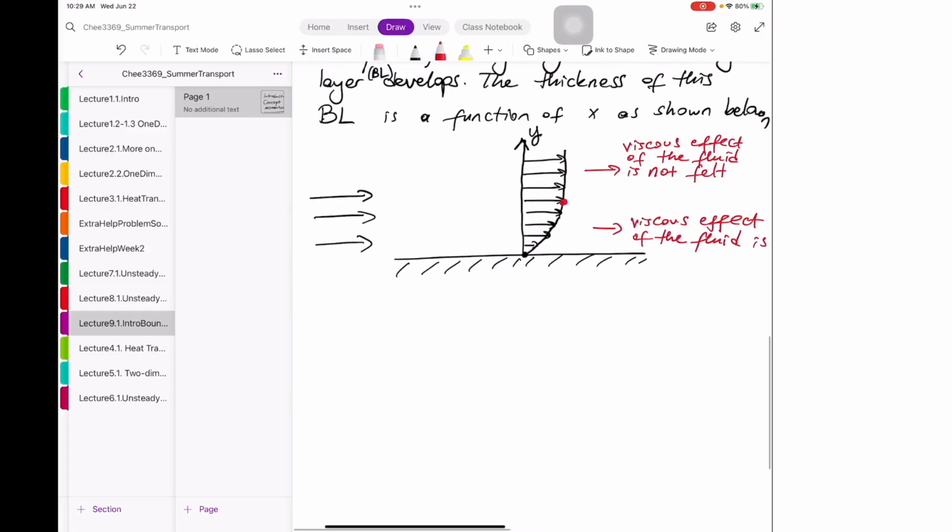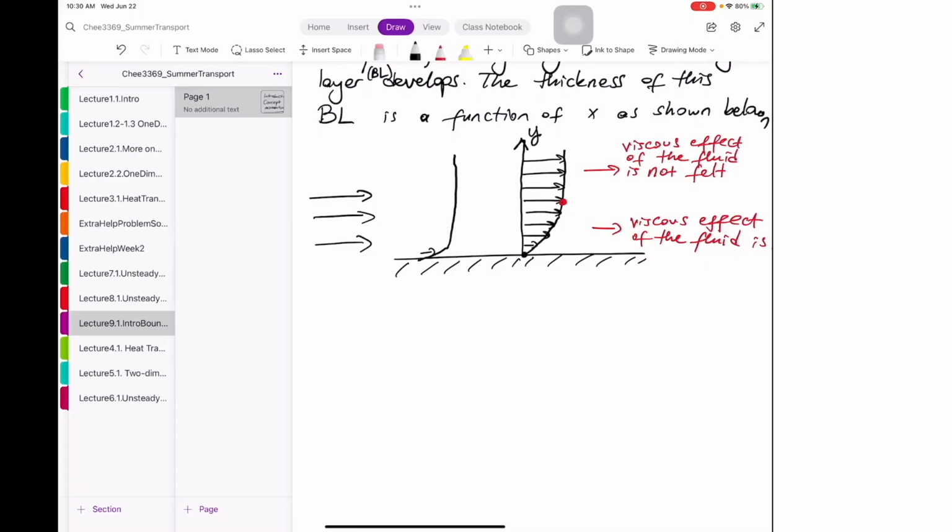Okay, and you can have a similar profile, but as you go to the left in this direction, you will see that the effect of the surface has not penetrated that much into the liquid side. So you're going to have something like this.